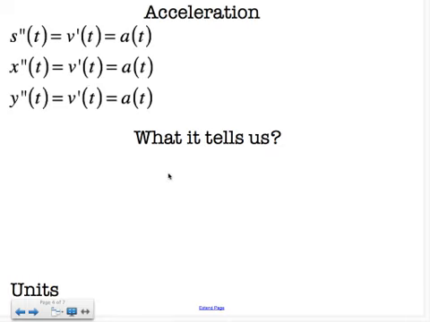Well, it's similar to what velocity told you about position. It told you when position increased or decreased. So a of t will tell you whether or not velocity is increasing or decreasing. So if the acceleration is positive, then that means that velocity is increasing.